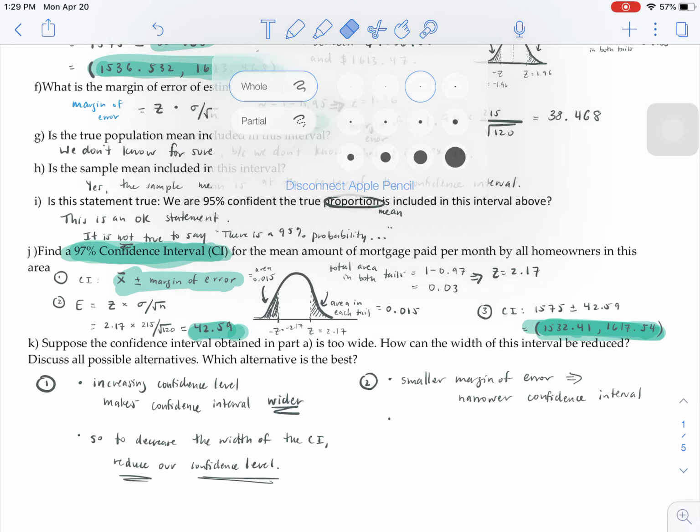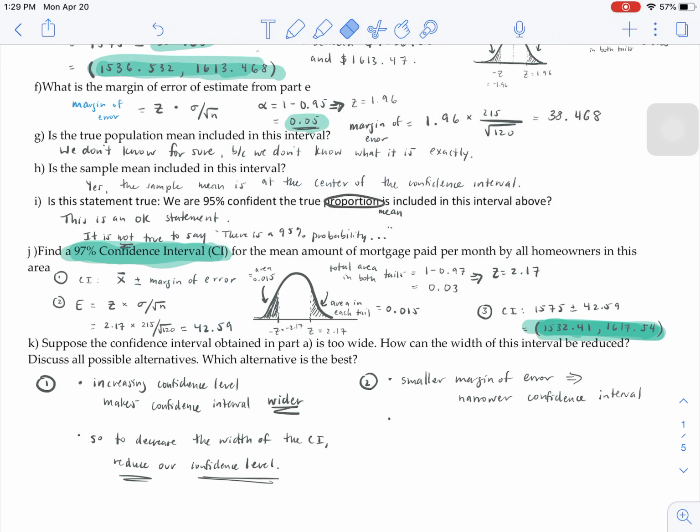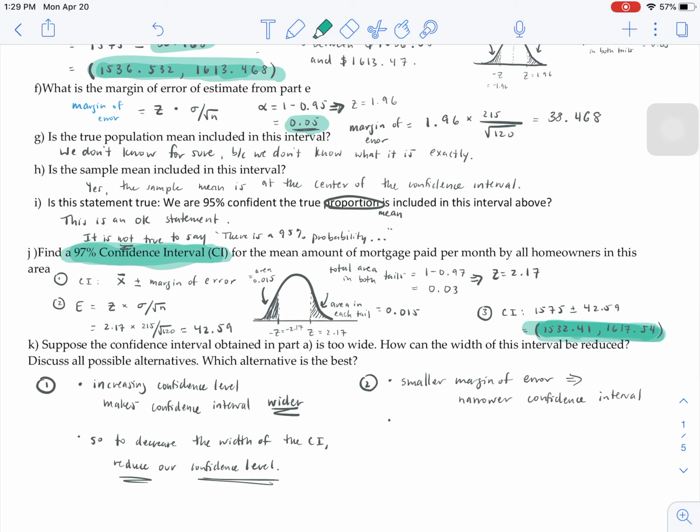So we talked about reducing our confidence level. That affects our z-score. Let's think about the other part of the margin of error. The other part of the margin of error is our standard deviation.